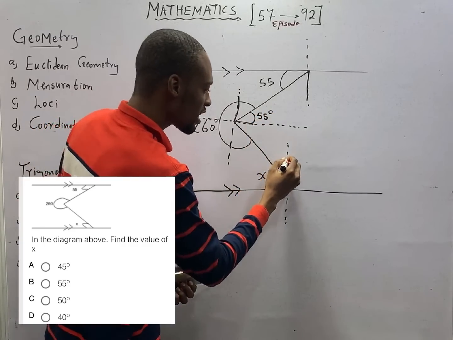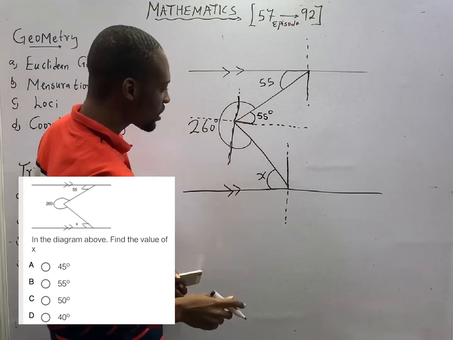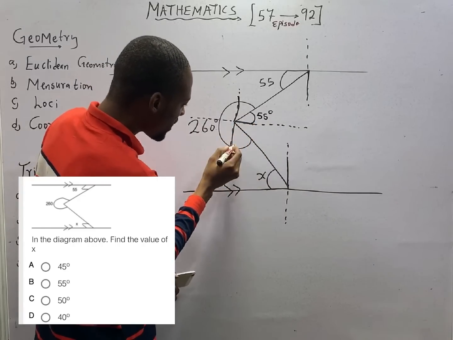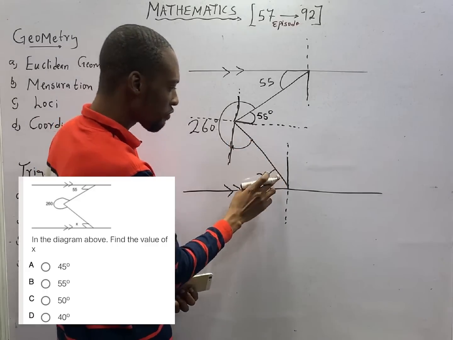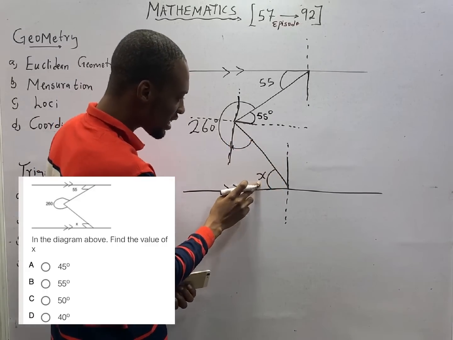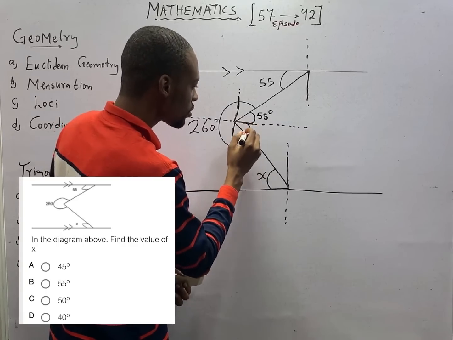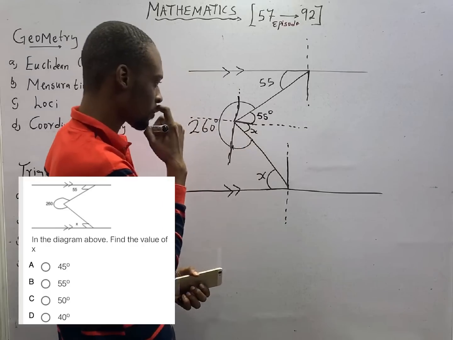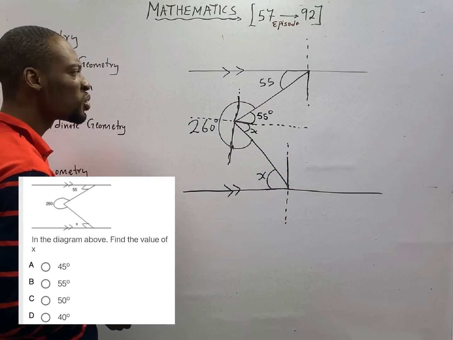If you look at here and you look at here, you will see that this from here to here and here are alternate angles. From here to here, this S, and from here to here are alternate angles. So here is also S. With this type of questions, life gets so easy.